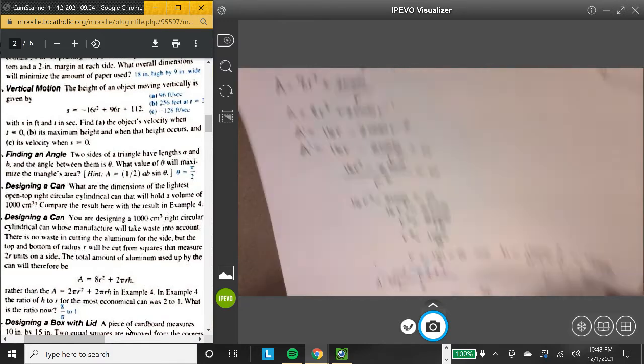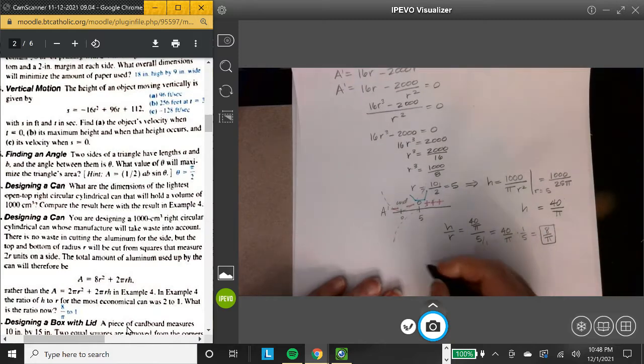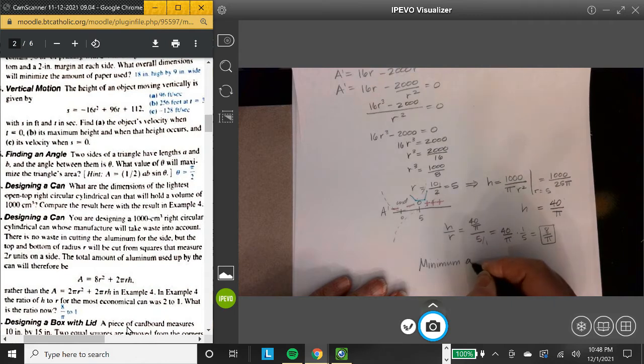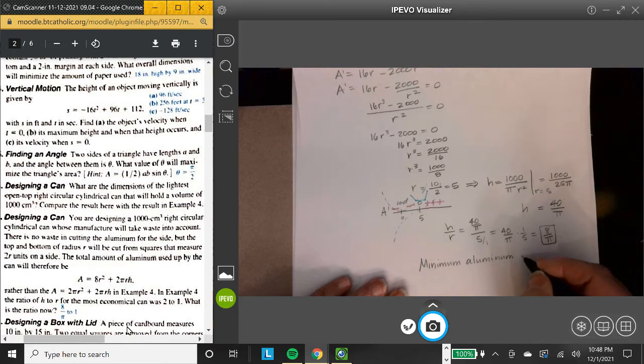And we will say that we have minimum aluminum usage. No, I don't know how to spell usage.